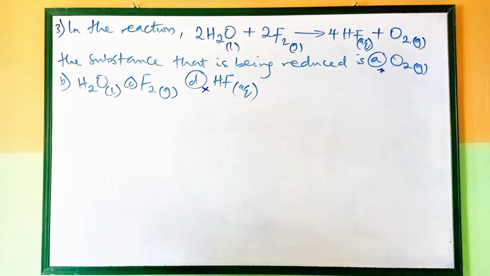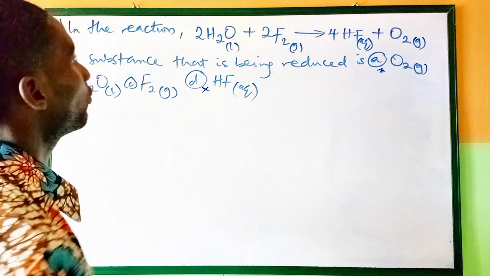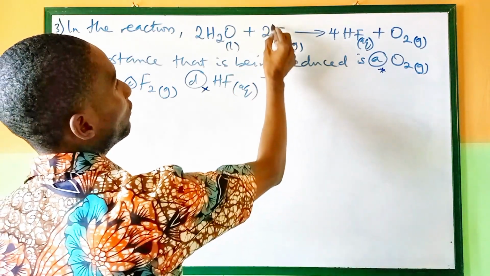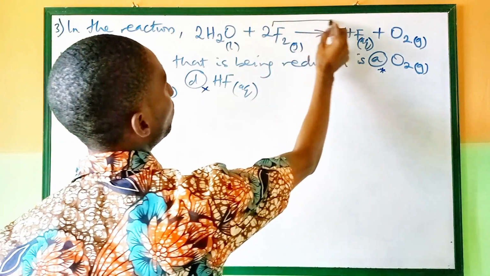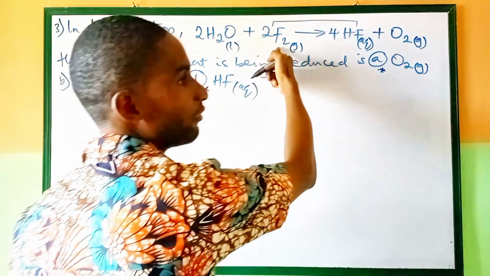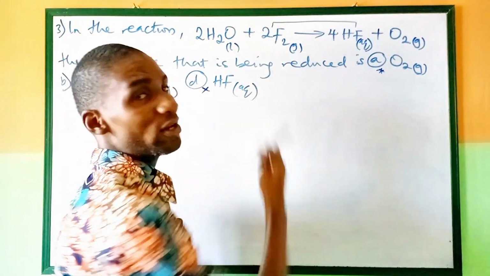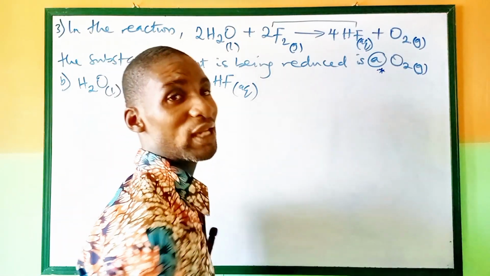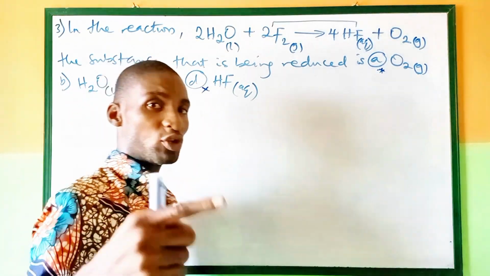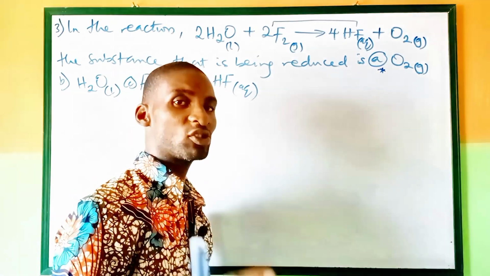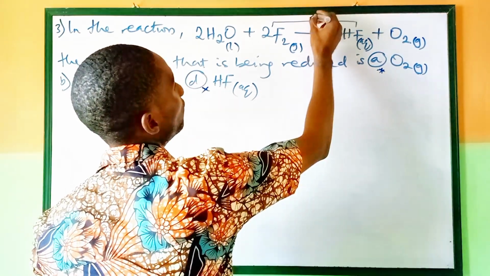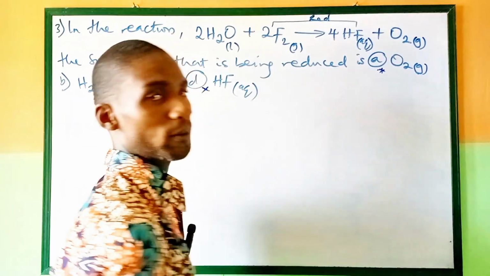In the reaction, which of them is being reduced? So what you want to do, draw a chain from here. Can you see it from here to here? Now at this point, fluorine was standing alone without hydrogen, but at this point hydrogen had been added to fluorine, and you remember we said addition of hydrogen is called reduction. So this is a reduction reaction.